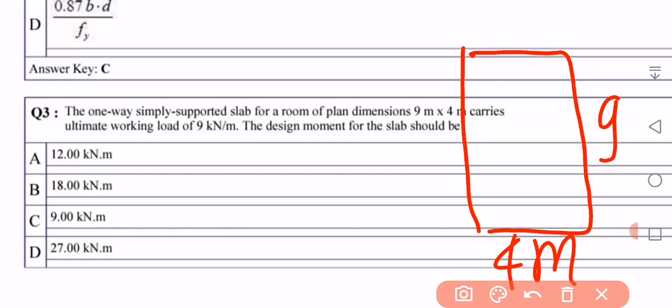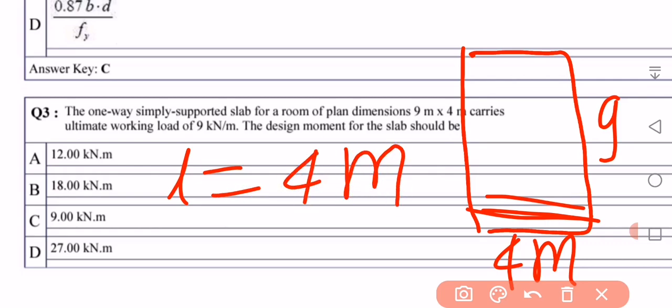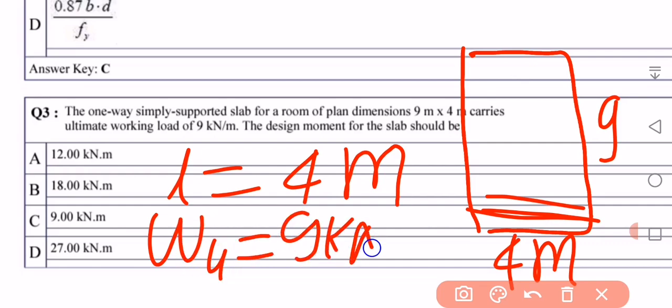Always keep in mind, design moment is calculated always according to the shorter span, or parallel to the longer span. Then given L is 4 meter, ultimate working load W is 9 kilonewton per meter.